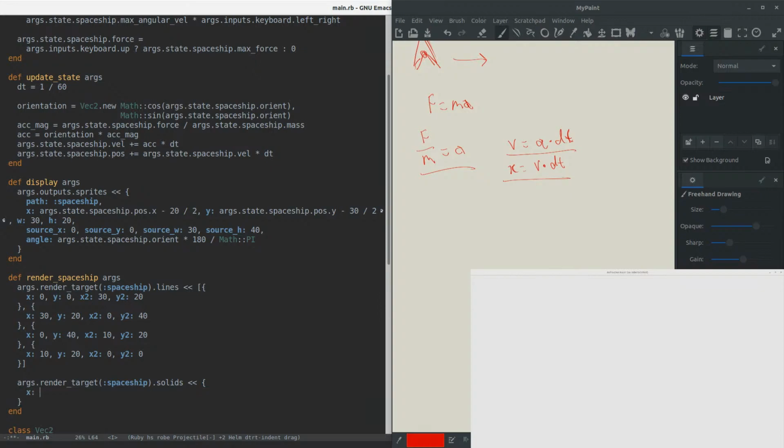Yeah, can you see that? It's kind of hard to see, right? Just make this 15, and we'll make this 10, and this one in the y direction 10.